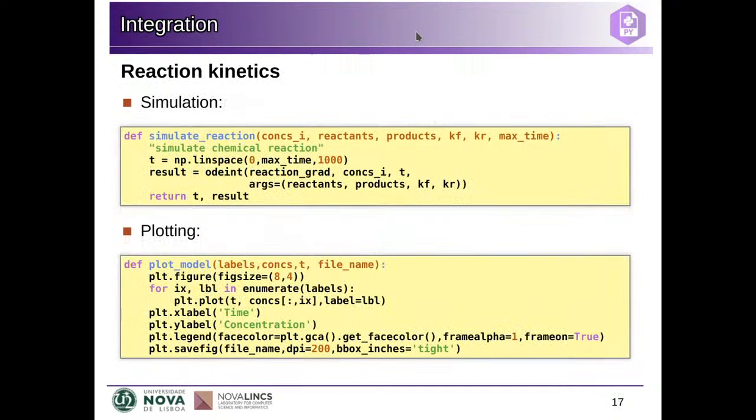But then we can integrate these differential equations to compute the concentrations over time of our species by creating again one vector with the times at which we want to compute this concentration. I'm using again 1000 points so that the plots are smooth, but this is a uniformly distributed set of values from 0 to the maximum time we want to simulate the reaction.